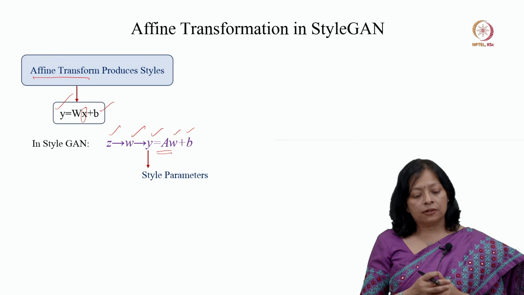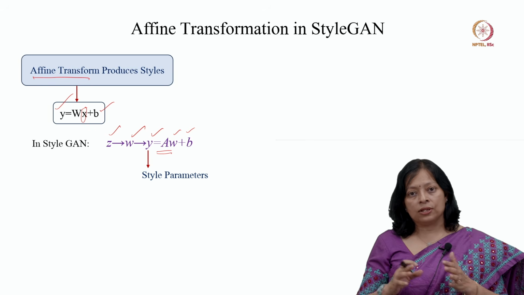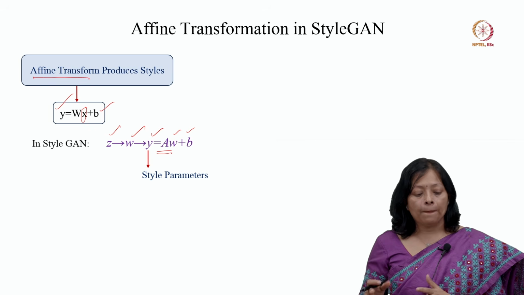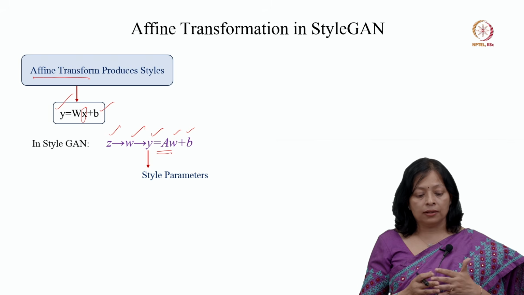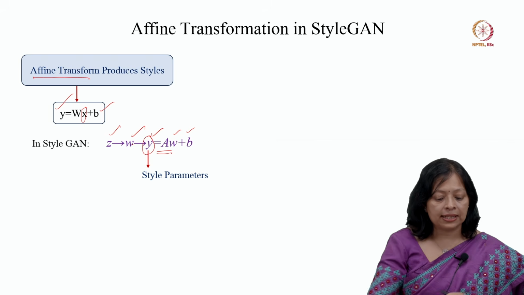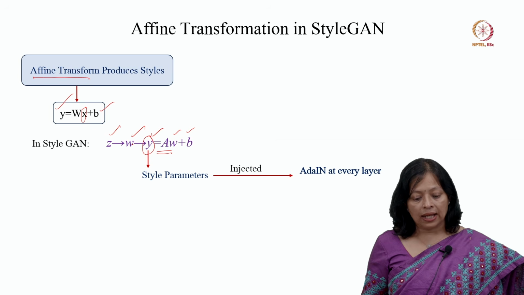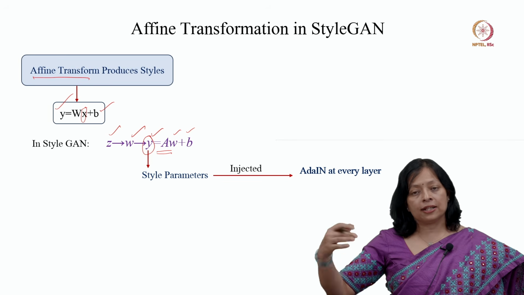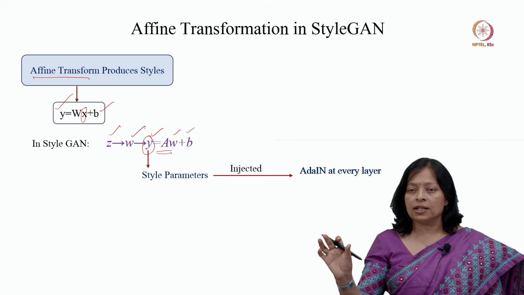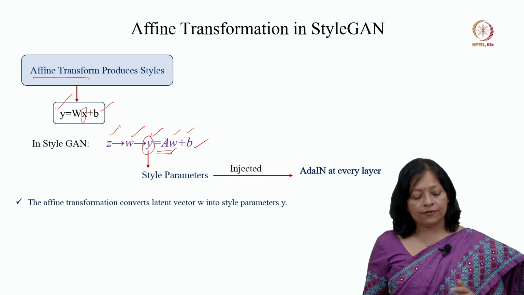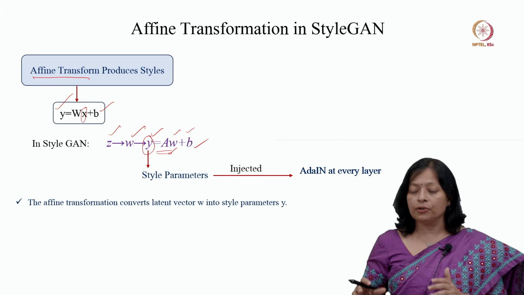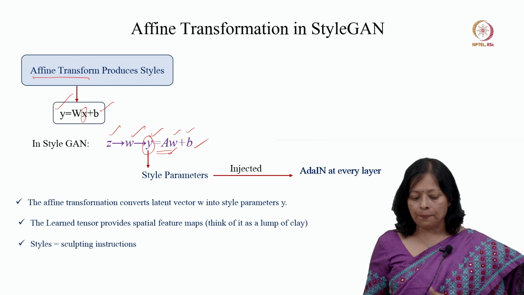These style parameters get injected at every layer through adaptive instance normalization, or AdaIN, blocks. The affine transformation converts the latent vector W into style parameters, as we have already seen.